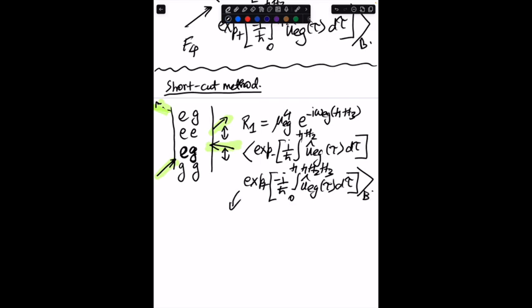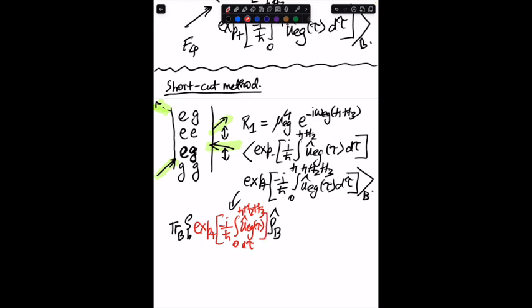An easy way to think about this would be to think about it in the trace form. So let's say you take a trace over your bath states, you have your equilibrium bath density operator in the center, and when you think about the equilibrium bath density operator, you measure the fluctuations on the ket side from 0 to t1 plus t2 plus t3 of mu eg of tau, d tau.